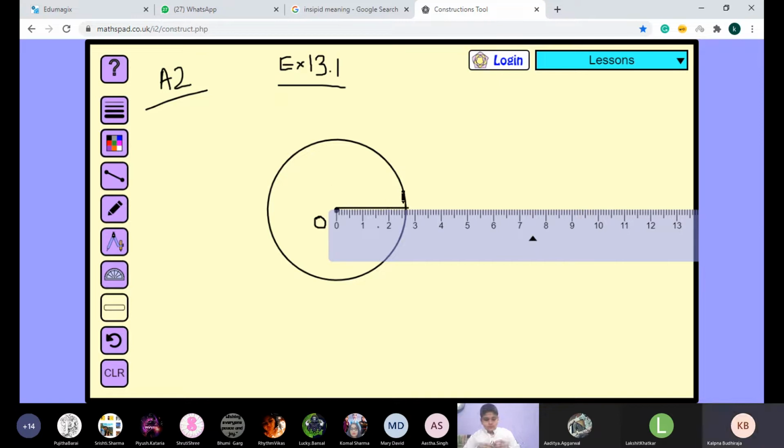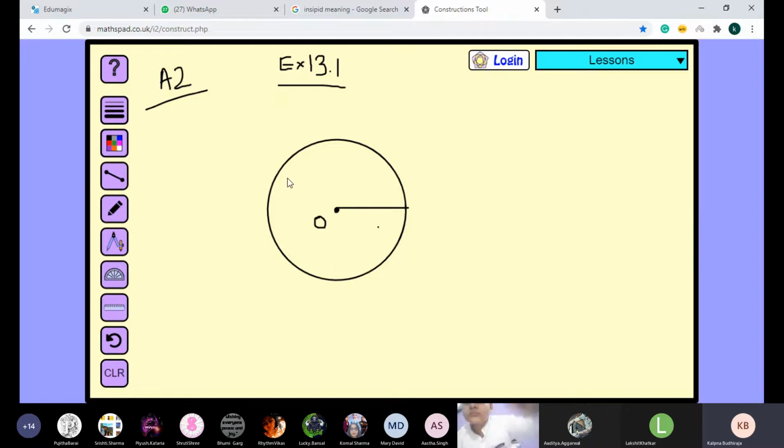Whenever you draw the radius, the points of both the center and the radius should be labelled. Because no other point is mentioned, it is our choice to take any point. So I am taking point A. So this OA is the radius, 2.6 centimeter.